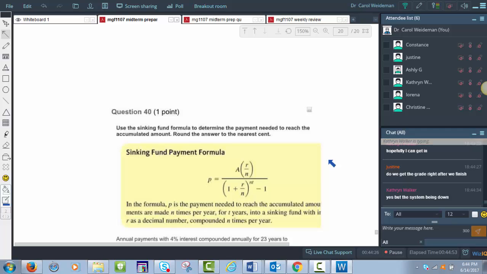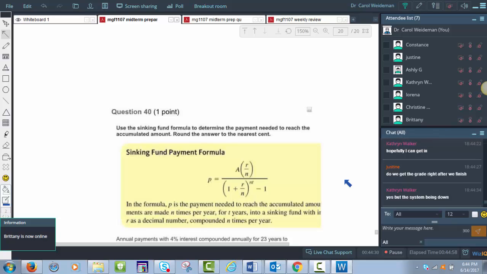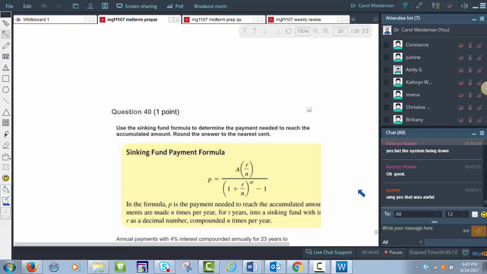But the system that's down we were talking about was Pearson, not the learning management system where the test is, so you should be fine. Yeah, they have to do maintenance periodically, and they try to do them overnight when most students are not working in my math lab.